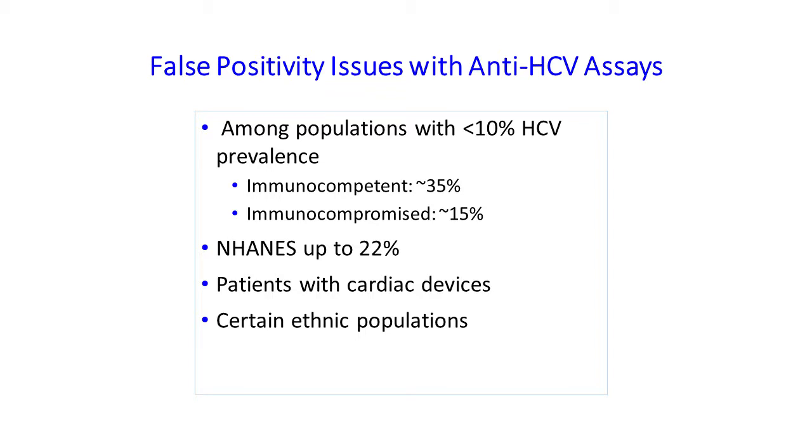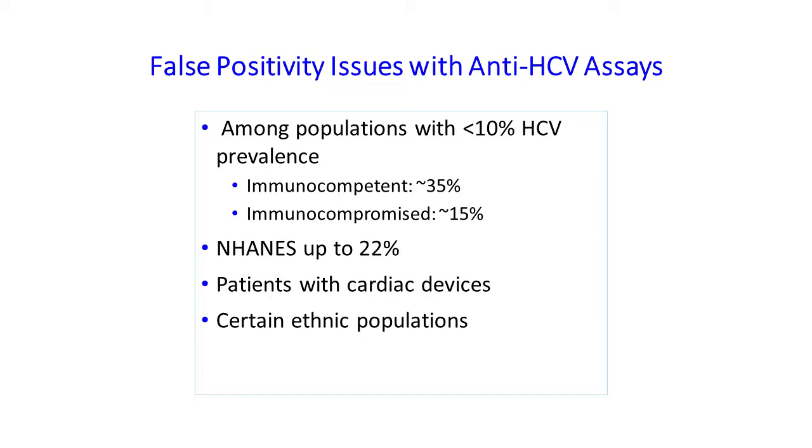in the population tested. In high prevalence populations, such as injection drug users, the positive predictive value is very high. In low prevalence populations, such as blood donors, the positive predictive value is much lower. Using a supplemental immunoblot test to confirm screening reactive antibody tests, false positivity in the U.S., which has low endemicity, has been estimated to be approximately 35% in immunocompetent populations.